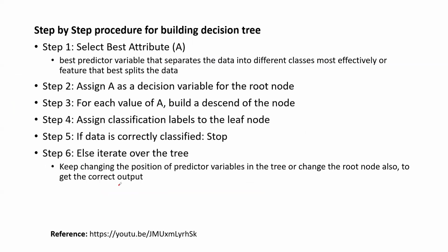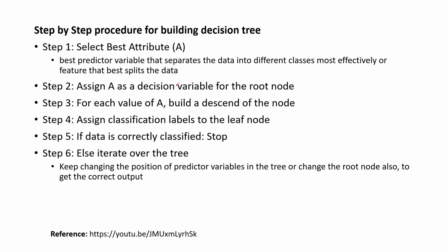The algorithm for a decision tree is about how we select the best node as the root node, because that will be the best predictor which separates our data into the classes most effectively and efficiently. That has to be the best split. Only when we do the best split will we get a proper classification. If we select a root node randomly, we will not get effective and accurate results.